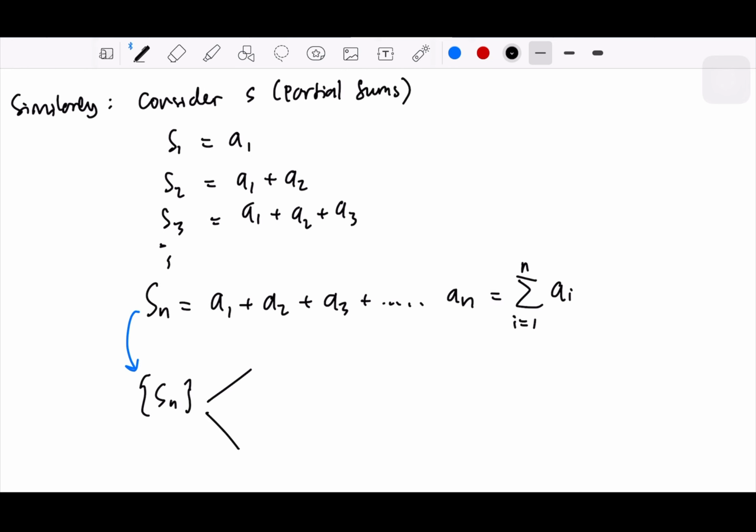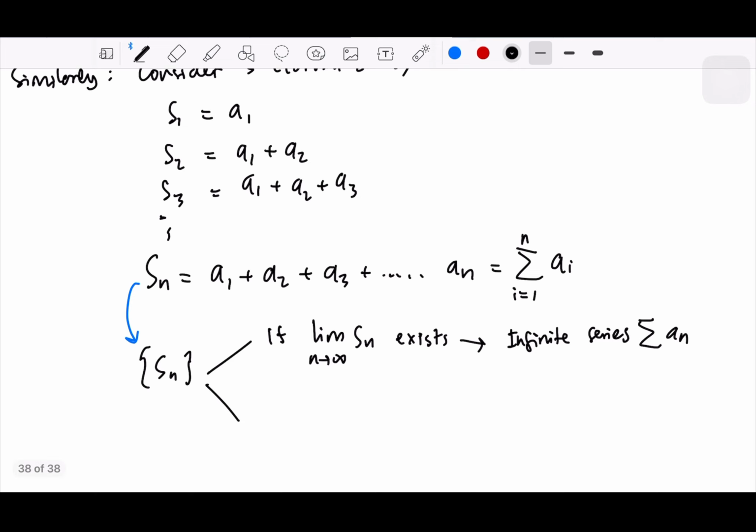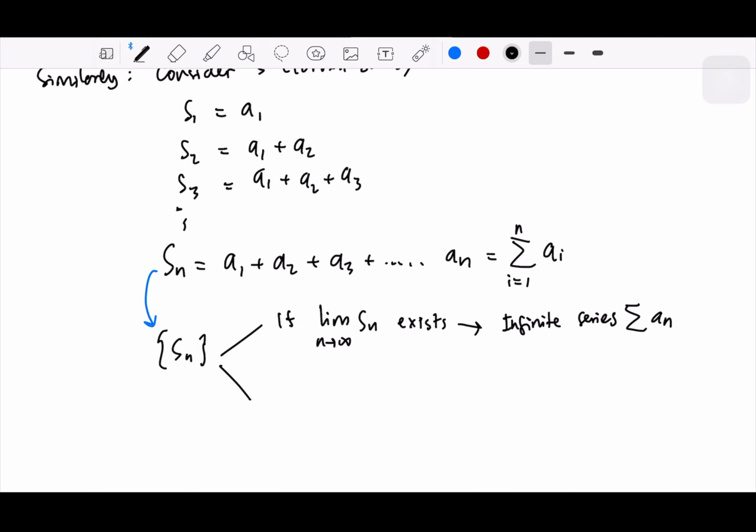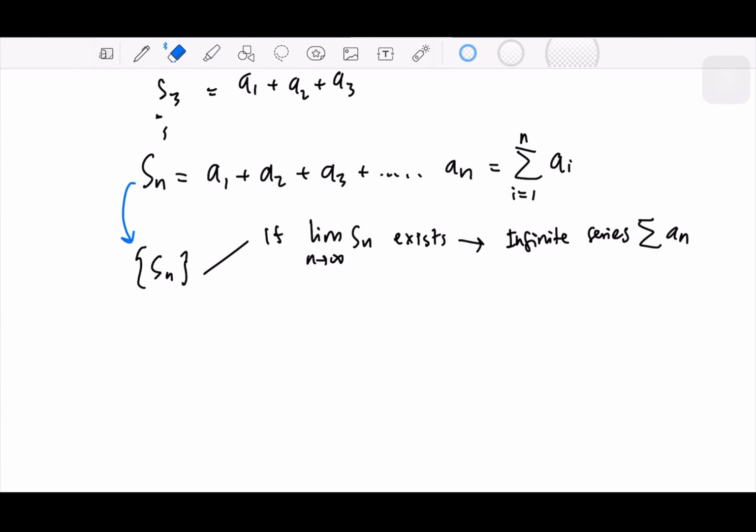and if the limit exists, then we call it infinite series of the sequence. Maybe I will write in more official way.